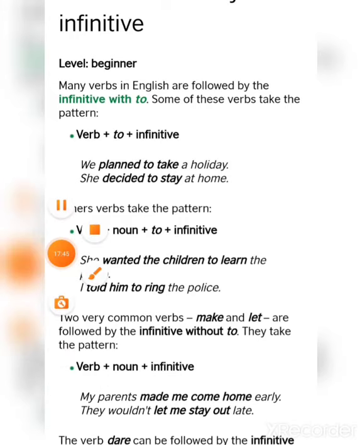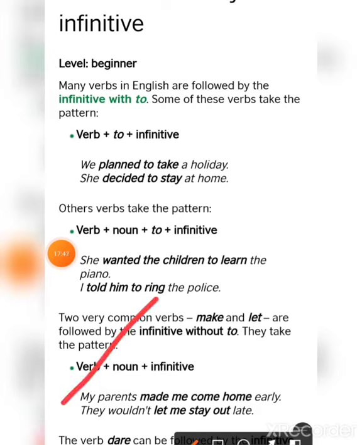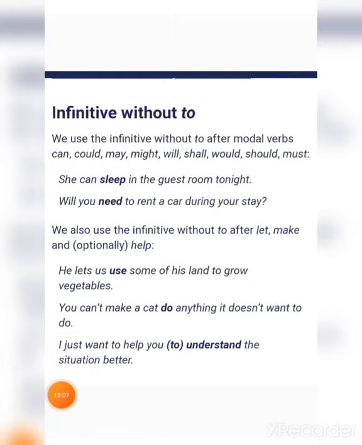See the next sentence, my parents made me come home early. So here, made me come home early, no to infinitive is used. Okay, next, they wouldn't let me stay out late. Here to infinitive is not used. So there are some infinitives that can be without to as well.